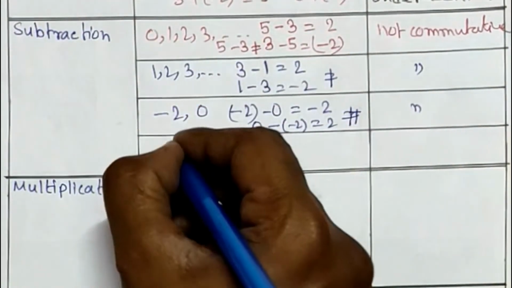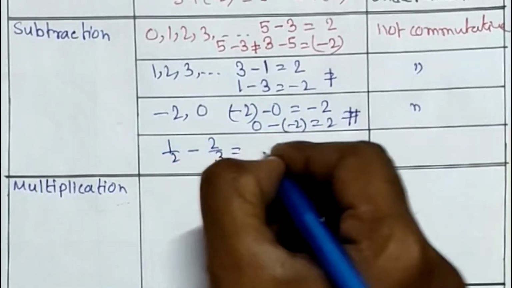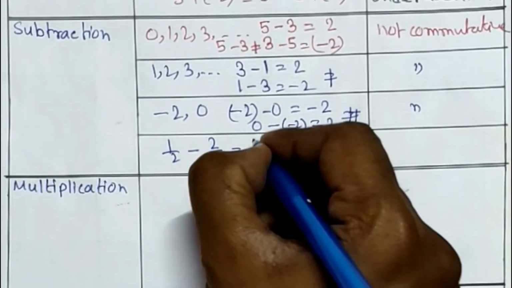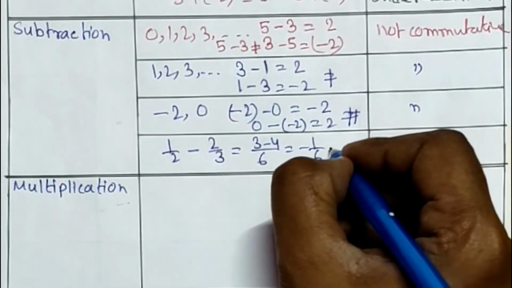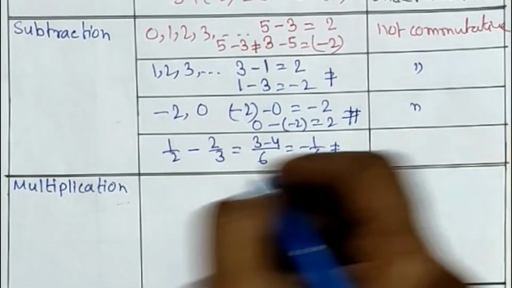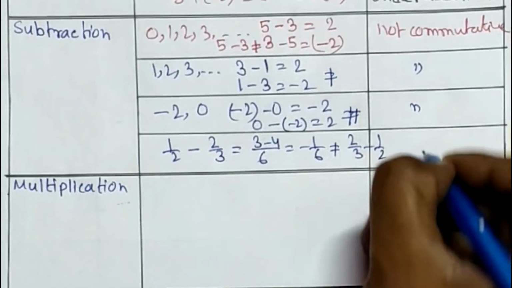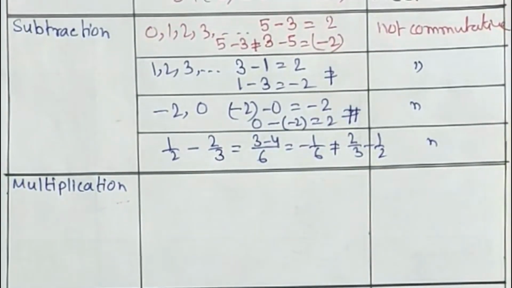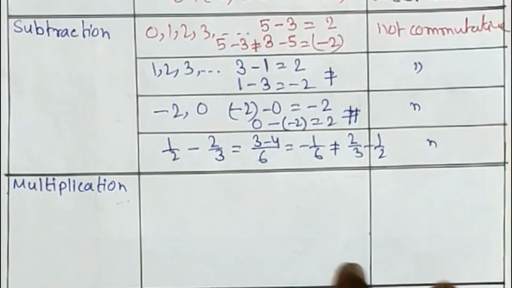Similarly for rational numbers, take half minus 2 by 3, which gives us minus 1 by 6, which is not equal to the second part, that is 2 by 3 minus half. So rational numbers are also not commutative under subtraction. Let us explain different kinds of numbers under multiplication.